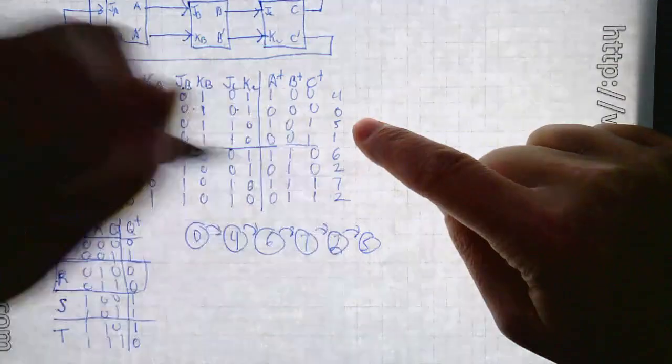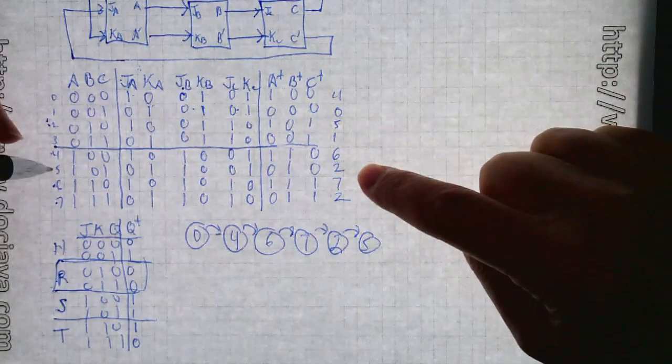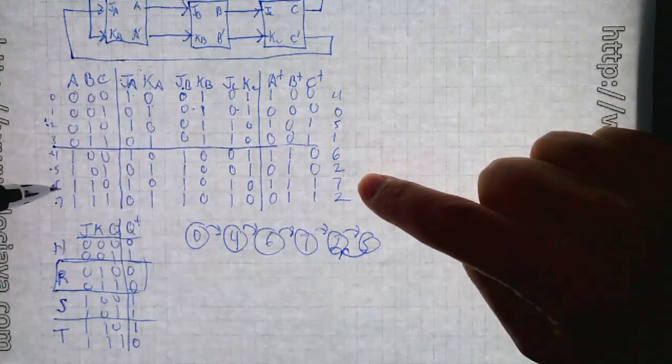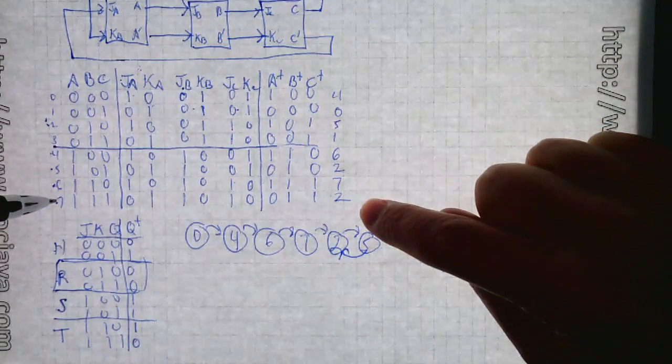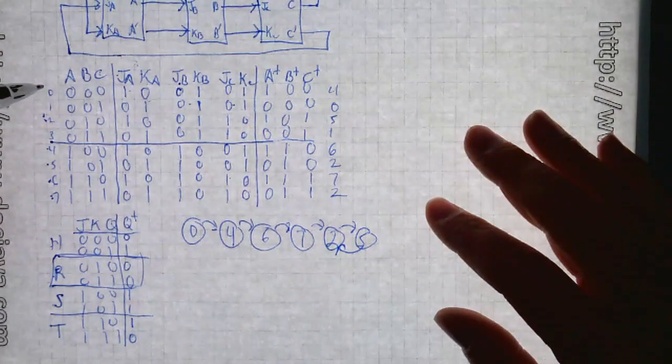And then 5 goes to 2. Uh-oh. 7 goes to 2. 5 goes to 2. That doesn't look good. Sorry, so you're saying there's an error. I think you're right.